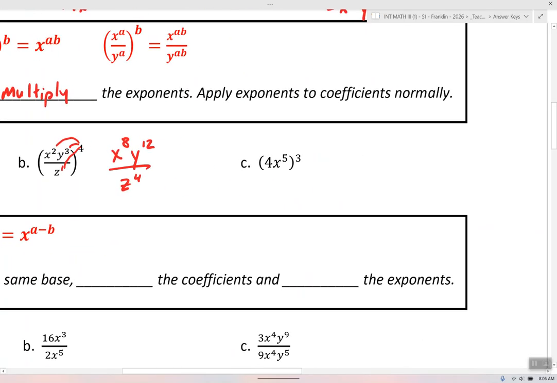And example C, 4x to the 5th, all to the 3rd power. 4 to the 3rd power, that's 4 times 4 times 4, because remember, this means we have 3 of x to the 5ths. So we can use a little shortcut and just do 4 to the 3rd and then multiply the exponents. 4 times 4 times 4, 4 to the 3rd power, that is 64.